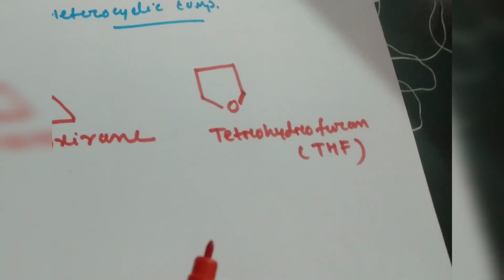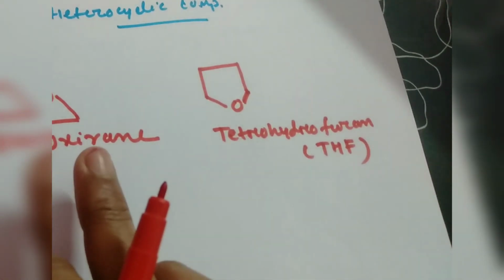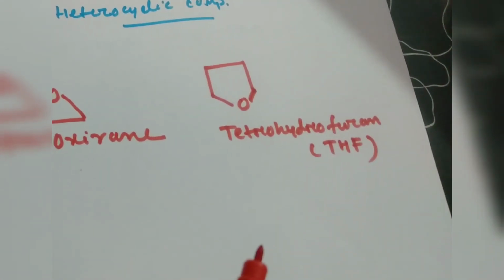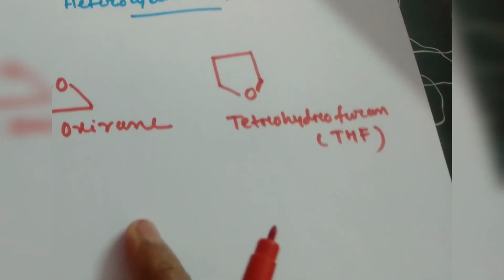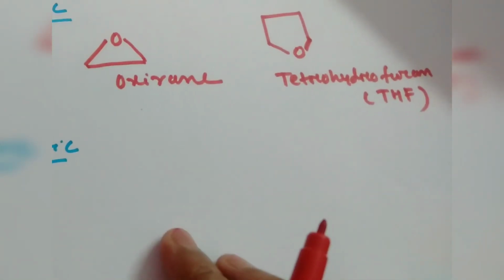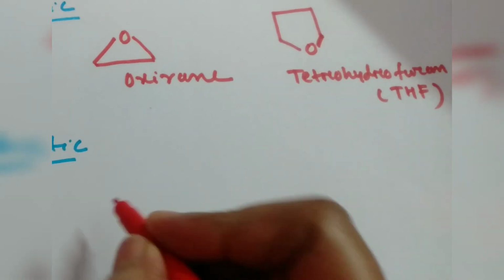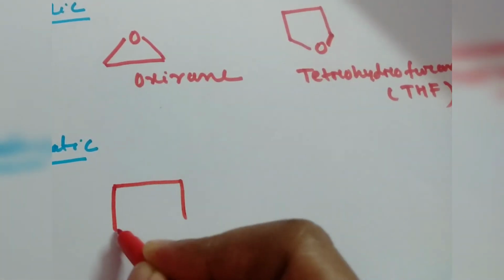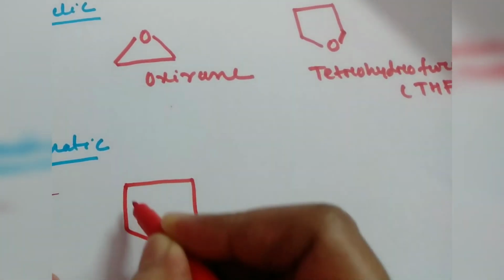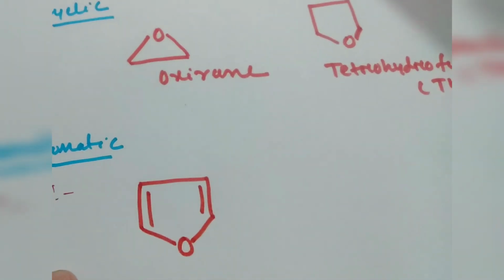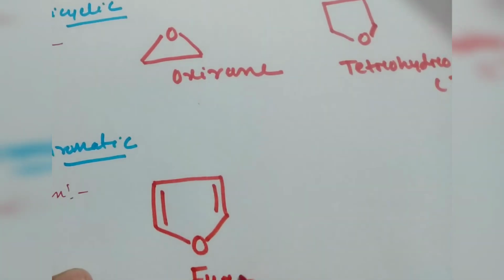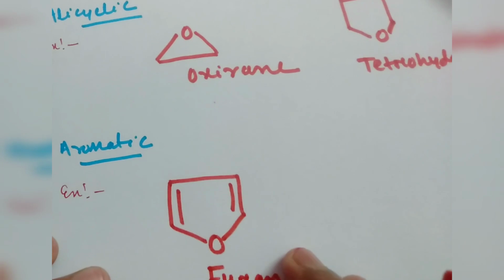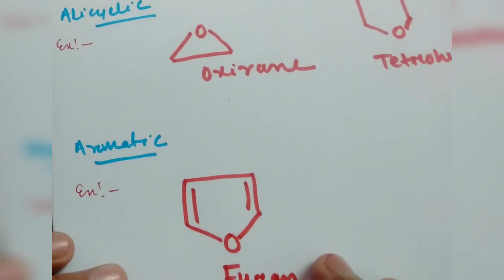Similarly, aromatic compounds that are heterocyclic obey Huckel's rule, along with one or more heteroatoms present at one of the corners. For example, furan. If I write the structure of furan, this is an aromatic compound and this is a heterocyclic compound.